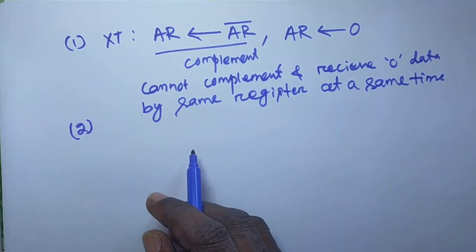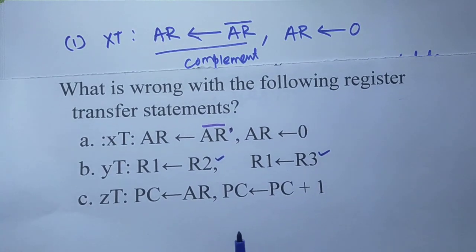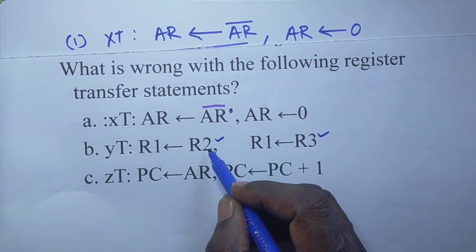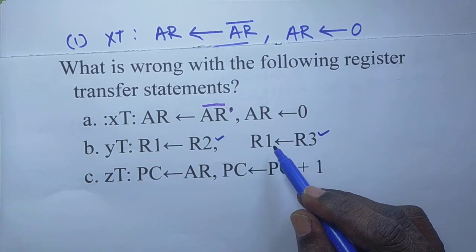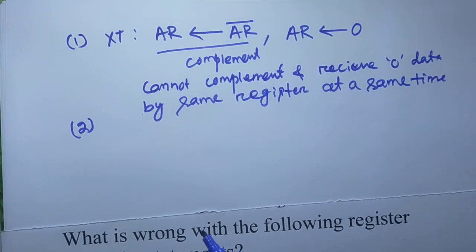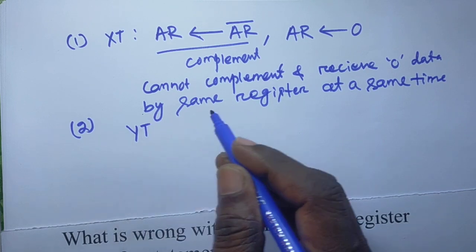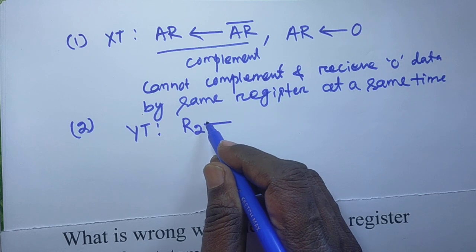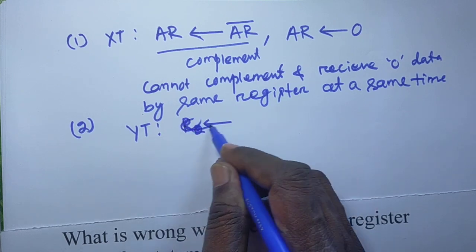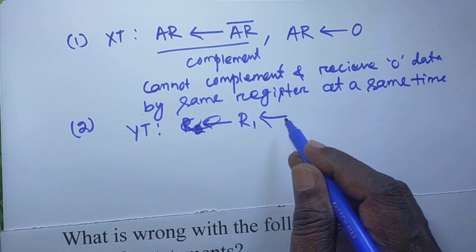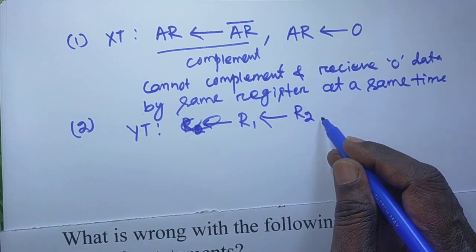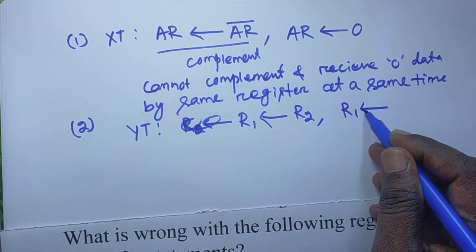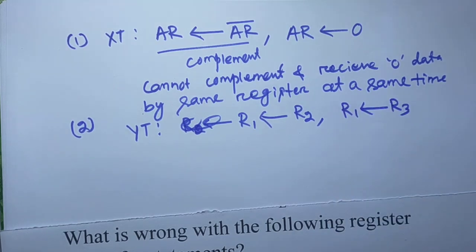Second case, you see, yT statement: content of R2 transfers to R1, content of R3 transfers to R1. You write yT such that R1 receives R2 data, and here R1 receives R3.